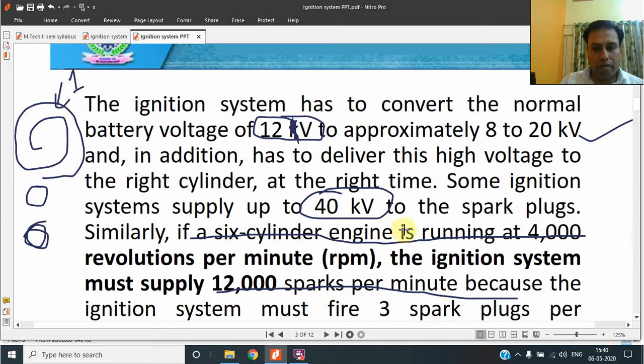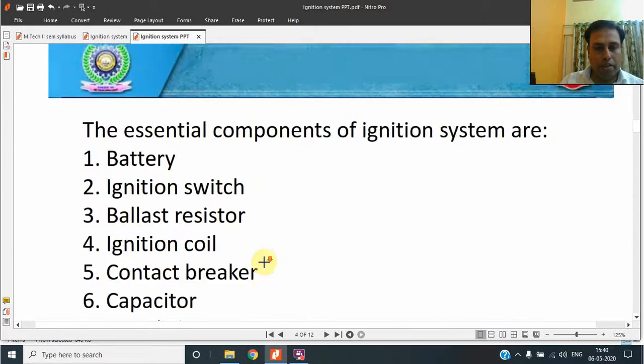So for a 6-cylinder engine running at 4000 rpm, 12,000 sparks will be required. So timing is very important in this.